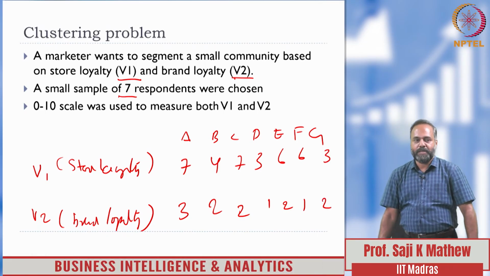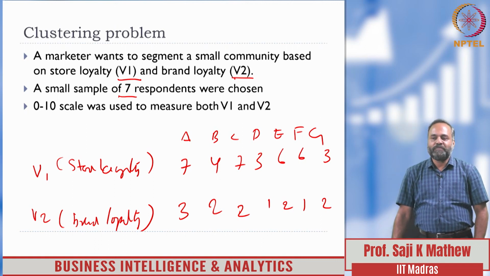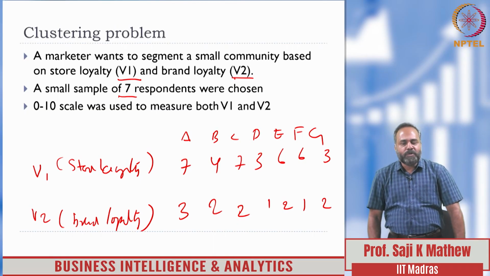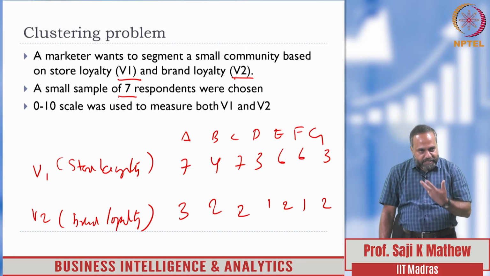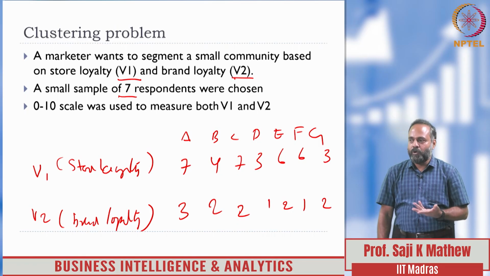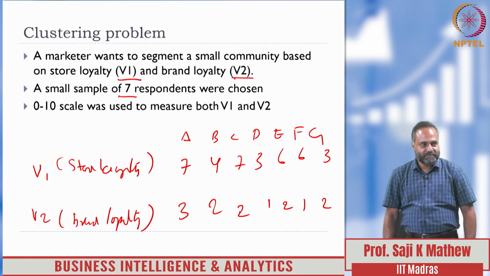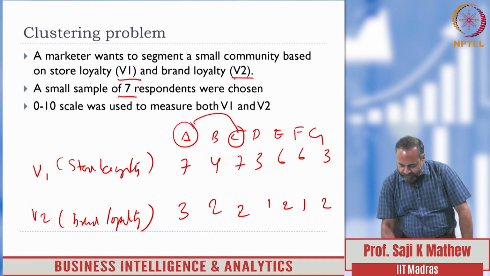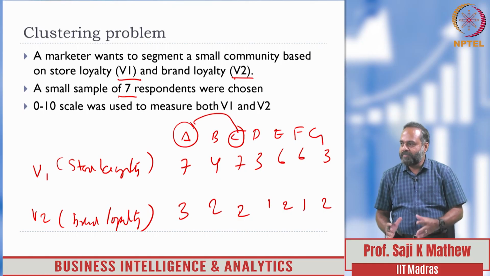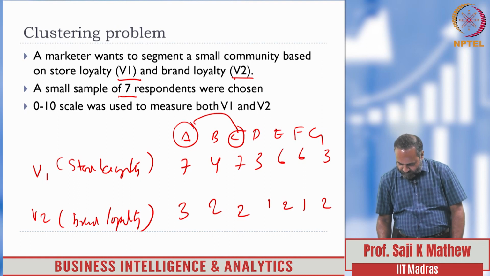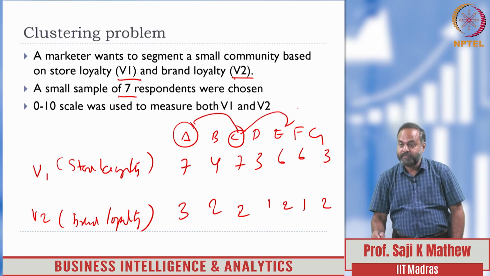I am just putting numbers here. Just look at this data. With that, this session gets over. Who are the respondents who have a similar response or similar perception about loyalty? A and C, 7 3 and 7 2, their perception is very close, and maybe 6 2 you may add too.